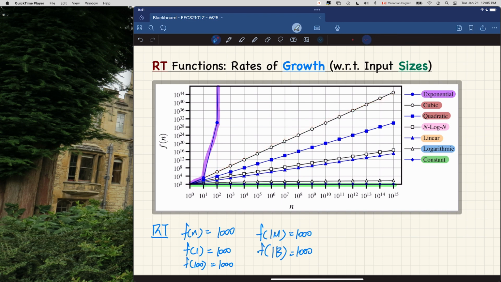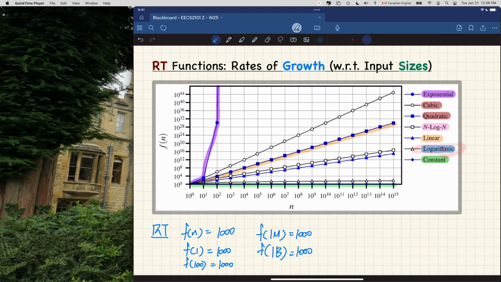I'll just highlight a few more. What about linear? I'm going to use orange. Linear is this triangle here. There we go, that's linear. You can also see the log that we spoke about earlier.